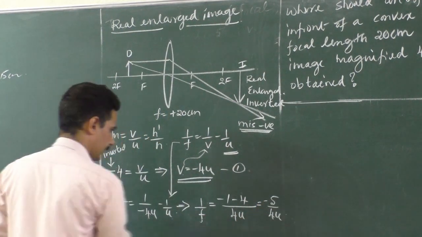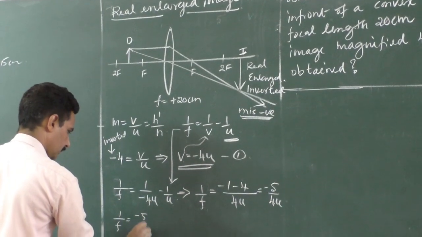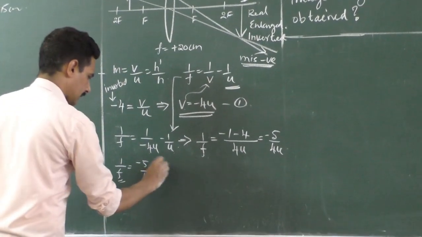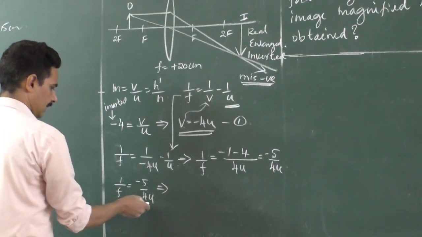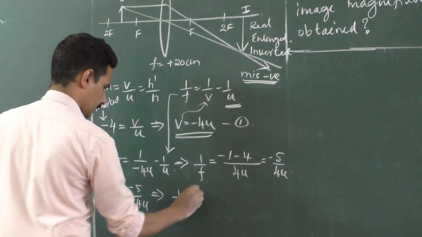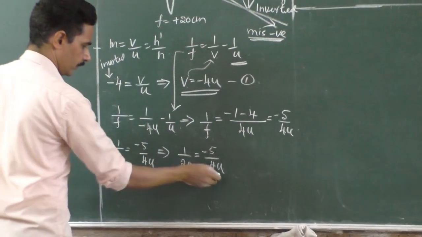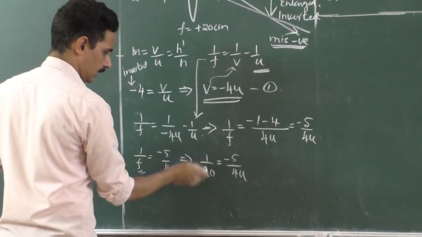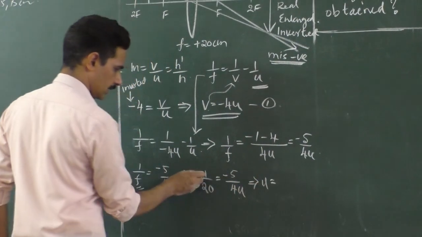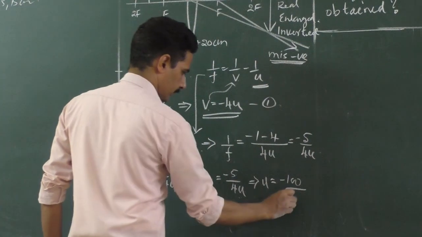And you know that 1 by f is equal to minus 5 by 4u, and f is positive because it's a convex lens. I'll take f as 20 centimeters and u will be in centimeters. 1 by 20 is equal to minus 5 by 4u. You bring 4u here and 20 here. What you will get? That implies u is equal to 20 into 5, minus 100 by 4.